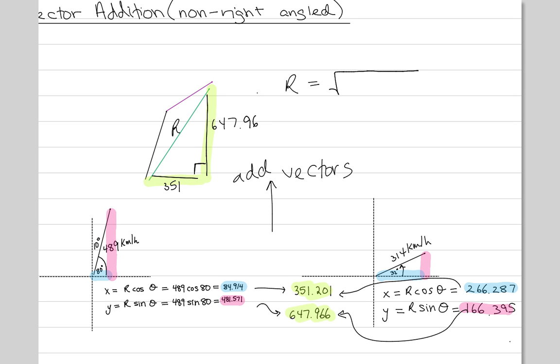Yeah, like I just rounded, Elgin. Just got lazy. Okay, so this 351.201, we'll square it and add it up with the Y, which is 647.966.